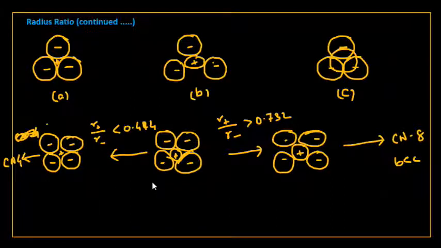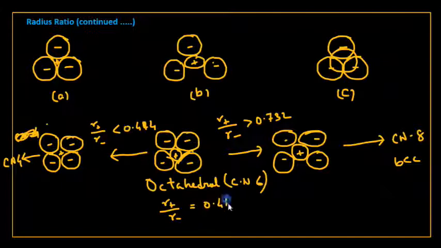And this structure here is the octahedral shape, octahedral arrangement, where coordination number CN is 6 and radius ratio is equal to 0.414 to 0.732.